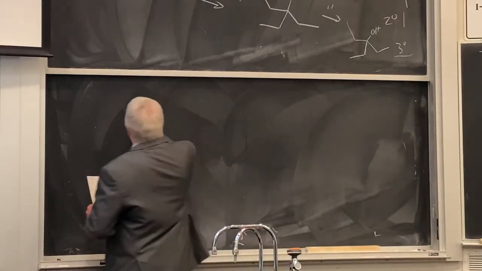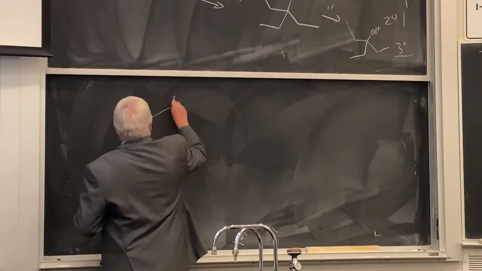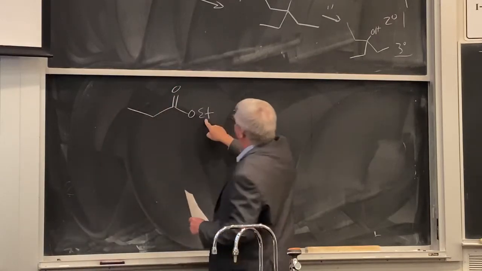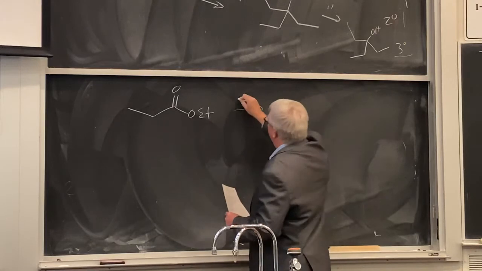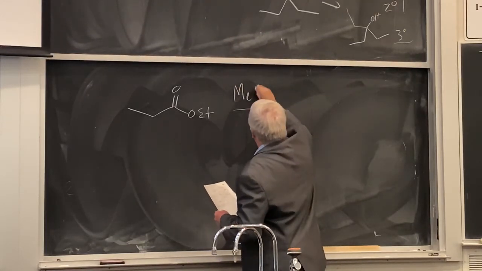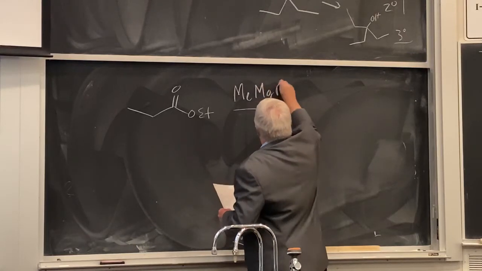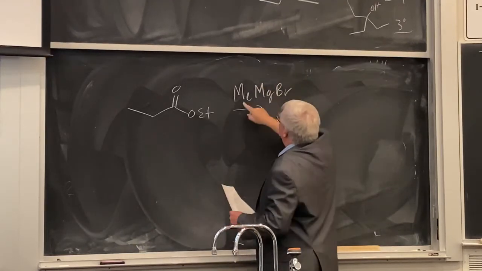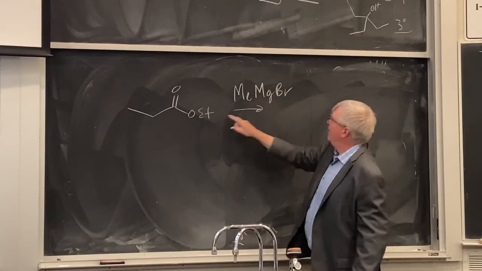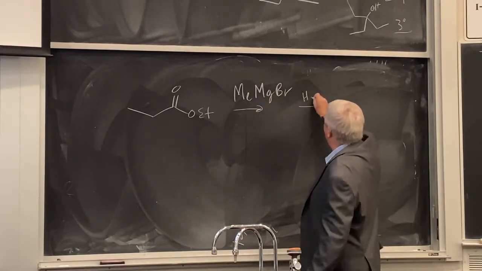What about esters now with Grignards? So here's an ester with an ethyl group here, ethyl propionate, and let's add methyl Grignard here. Methyl magnesium bromide, we make that from methyl bromide and magnesium metal. We react it here, we quench with water.